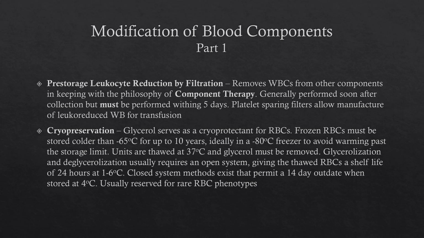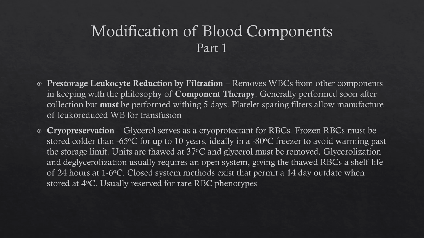Typically this only happens with rare RBC components, a donor that's got a phenotype that is uncommon. That's when we're going to think about freezing an RBC. In all cases, you use glycerol as a cryoprotectant. It prevents the formation of the large ice crystals that will pierce and destroy the red cell membrane.